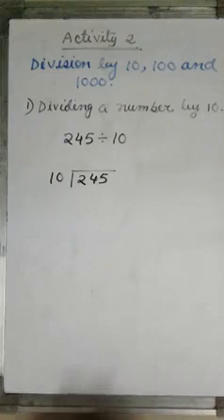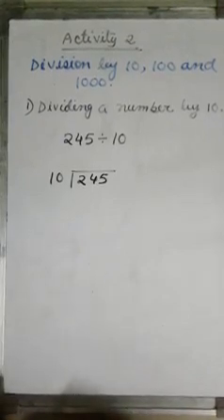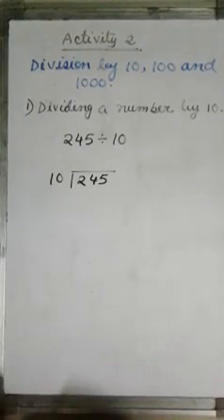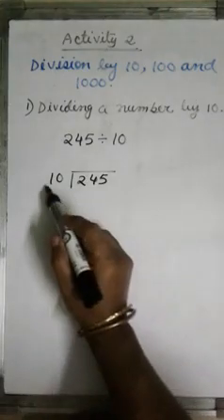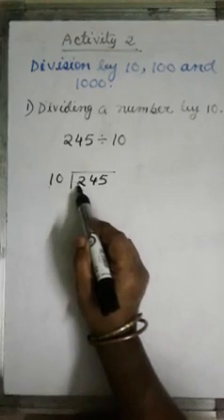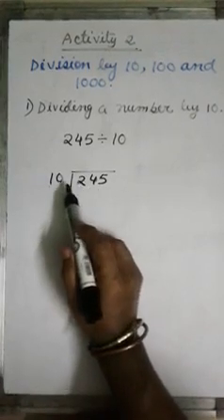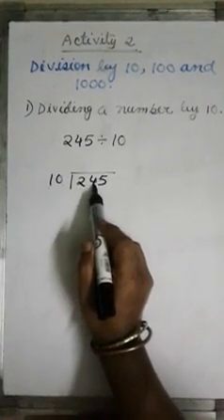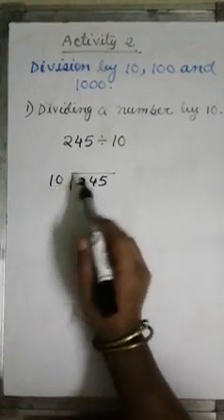The next one is division by 10, 100 and 1000. Dividing a number by 10. I am taking the example 245 divided by 10. It is a 2-digit divisor, so we have to take 2 digits. 24 we should divide by 10.